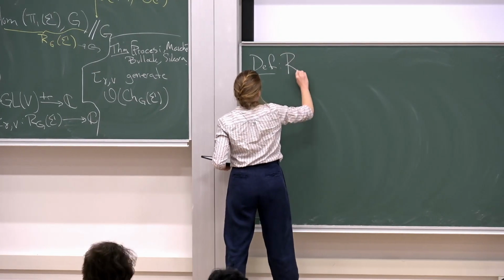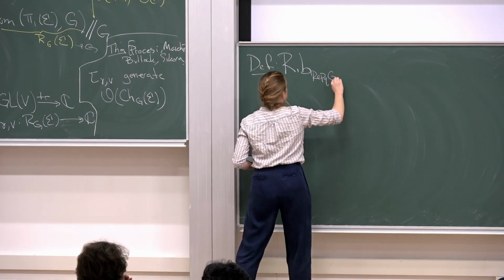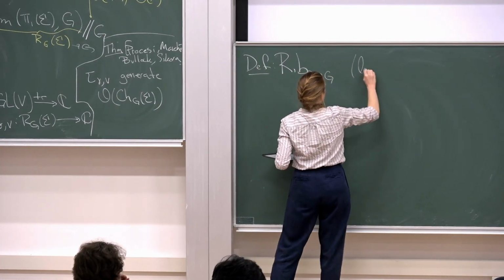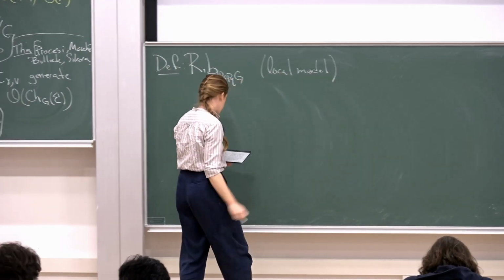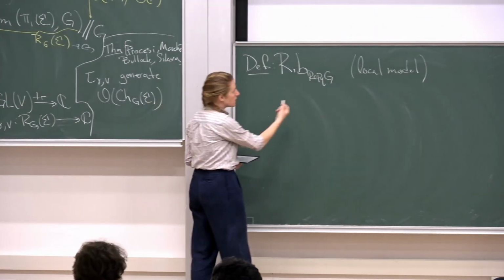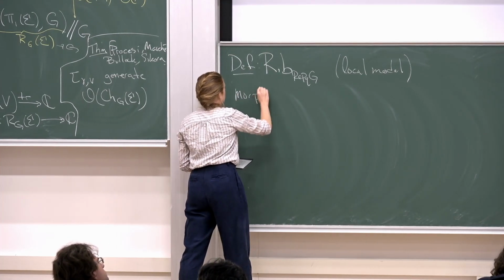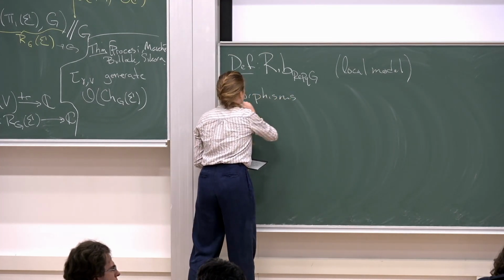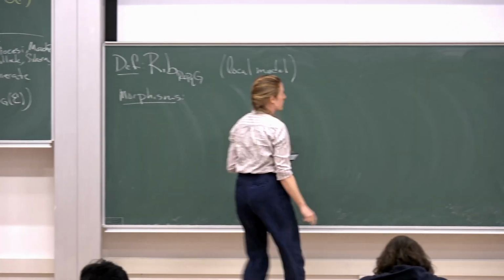And I'll call this Rib sub Rep Q G. So this is my local model for how I want these curves to work. And this is going to be a category. It'll be a linear category, so I'll be able to add morphisms. And as my morphisms, I'm going to take little local drawings like this.